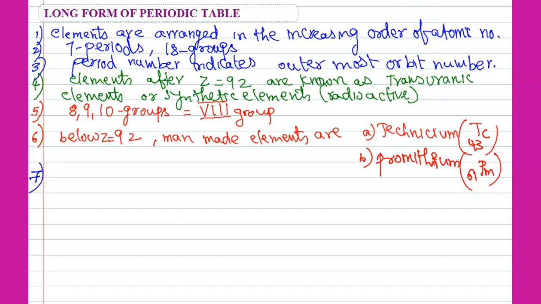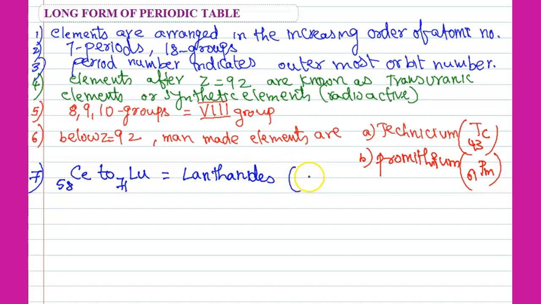Next, seventh one. Cerium, atomic number 58, to lutetium 71 are called lanthanides.